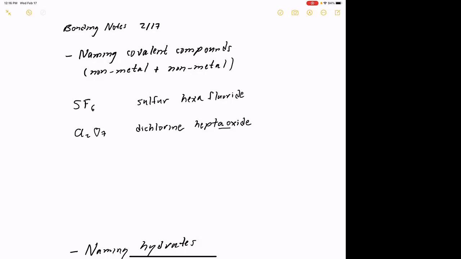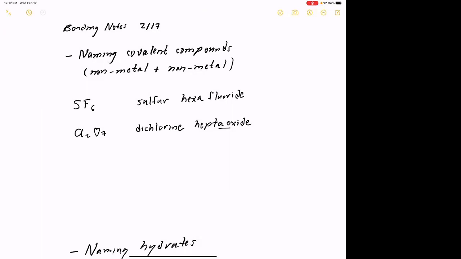So it's fine to actually keep those 2 vowels together. When's the time you do drop the vowel? It's when you have, for example, 2 O's together. So think about carbon monoxide. We don't call it carbon monooxide, we call it carbon monoxide. So if you have 2 of the same vowels there together, you drop one of them. If they're different vowels, Chem 101 kind of likes to keep them in there. Okay, so I'm going to call it dichlorine heptaoxide because that's what Chem 101 likes, and that's fine.